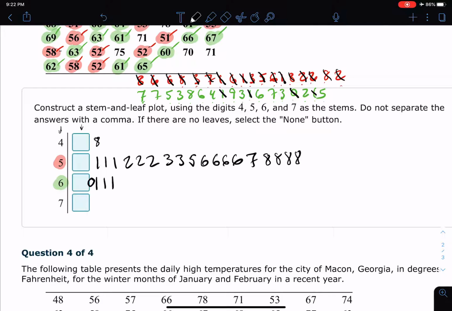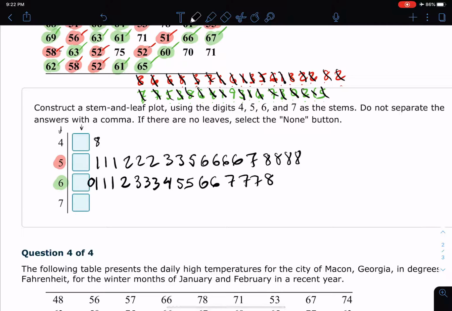Then we go to 2s, and it looks like I have a 2. 3s, 1, 2, 3. 4s, 1. 5s, 1, 2. 6s, 1, 2. 7s, 1, 2, 3. 8s, 1. 9s, 1.